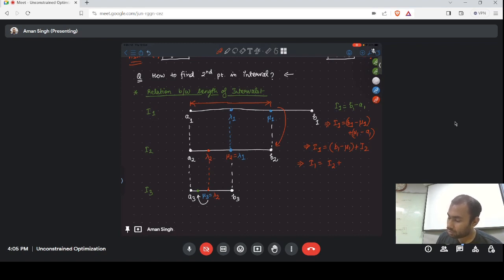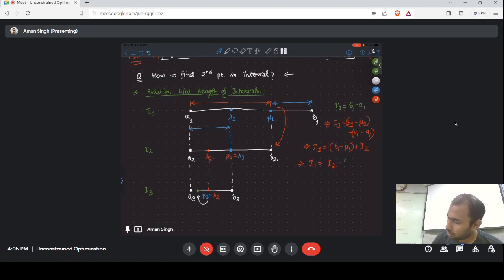we already saw, because we have assumed the symmetricity condition, that here you can see that B1 minus mu1 is this length, which actually is the same as this length, because lambda 1 and mu1 are placed symmetrically. We already saw that.